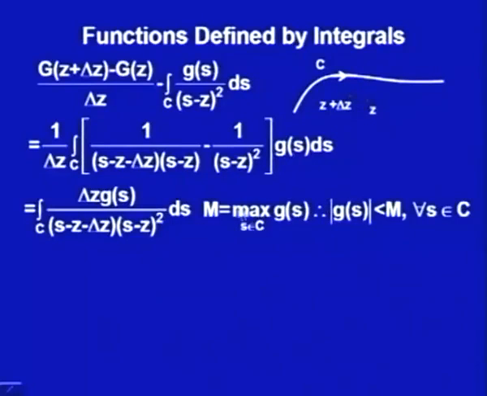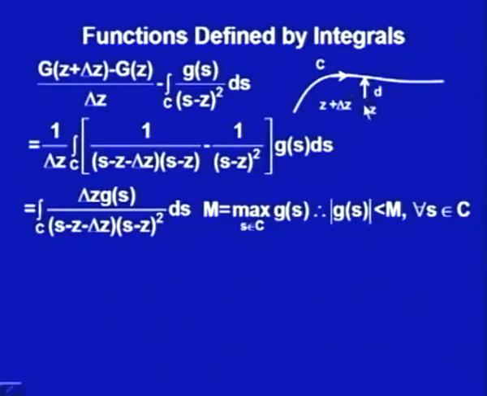Here we have taken that G is continuous on this path C. Now, because this is some fixed path, let us assume that for some s on this path C, G would attain the maximum value, or you could say M is the maximum of all these points on the path C. Then |G(s)| would be less than this capital M for all s on this path C. Moreover, let us take the shortest distance from this z to this path C as d.